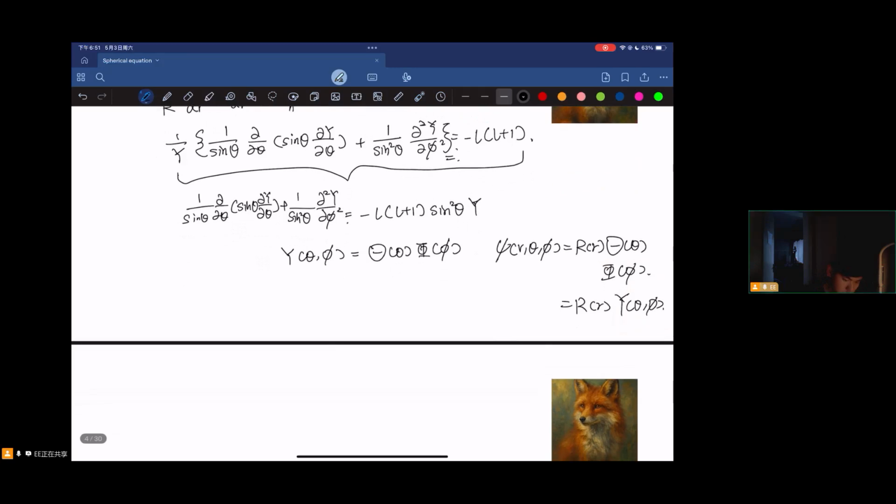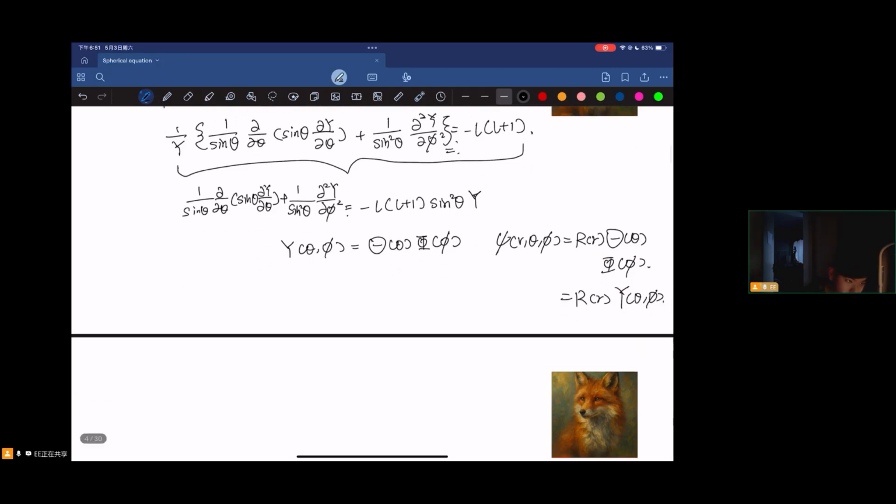Okay, so let's write it down. So we know that Y is equal to the theta and phi parts. So here we have this, and this.